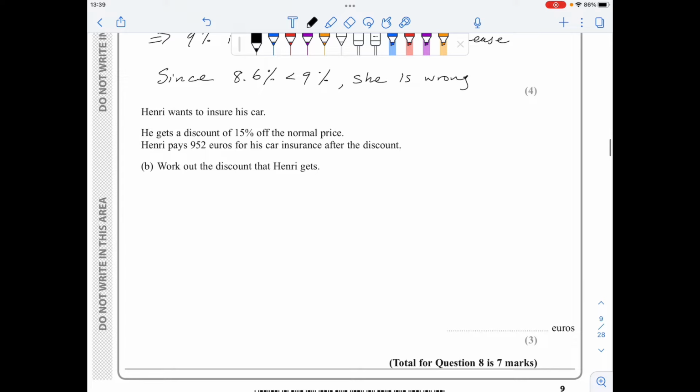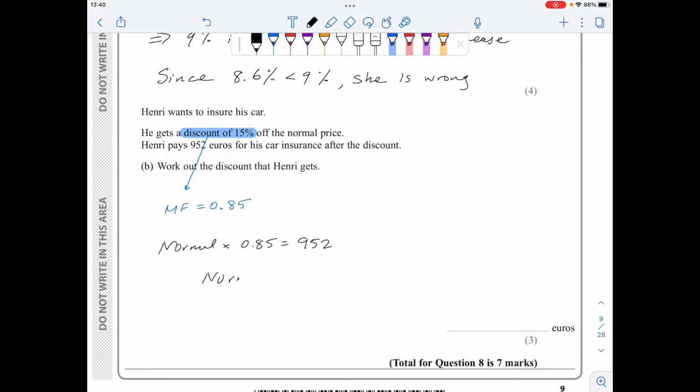For part B, again, there are many ways. I will use the multiplying factor method as above. Note, I've got a discount of 15%, which means that my multiplying factor is 0.85. That's 15% below 100%. So the normal price times 0.85 is equal to the final price.